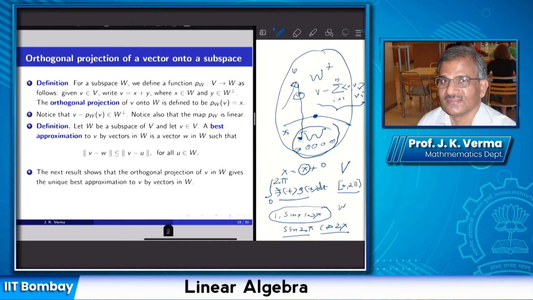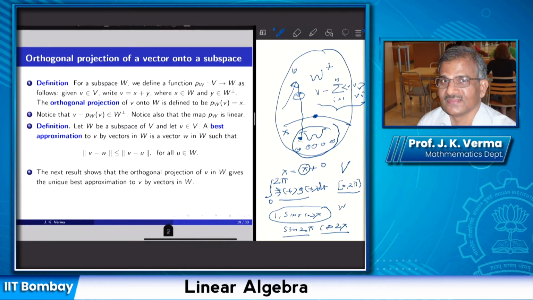You can check that these functions are mutually perpendicular, and given a complicated looking function, I want to find the best approximation to that function, which is a linear combination of these 5 functions. Or we can limit these to, say, polynomials of degree at most 3. So given a very complicated function, there is a way of approximating it by a polynomial of degree at most 3.